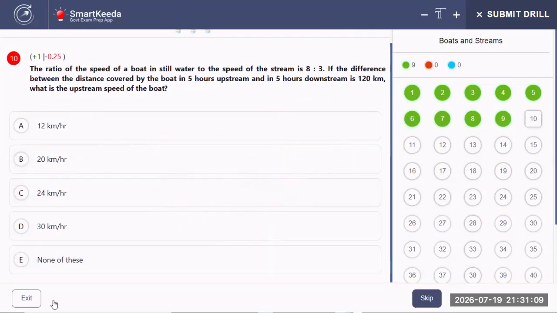Next. The ratio of the speed of the boat in still water to that of the stream is 8/3. The difference between the distances covered by the boat in 5 hours upstream and 5 hours downstream is 120. So 5 hours upstream is 5x and downstream is 11x.